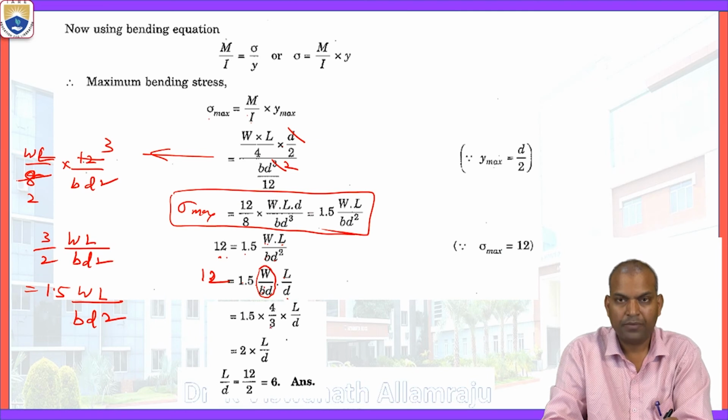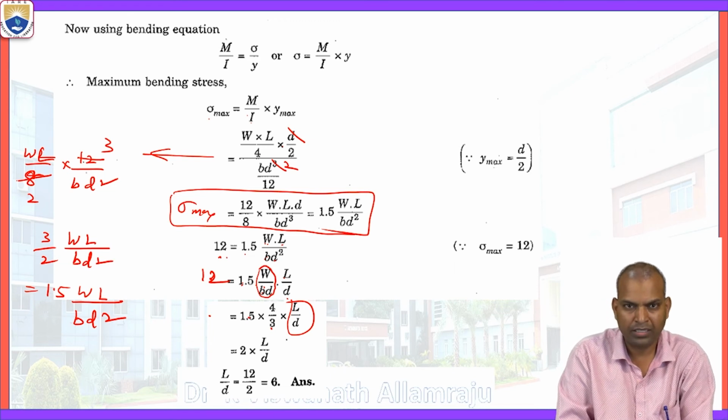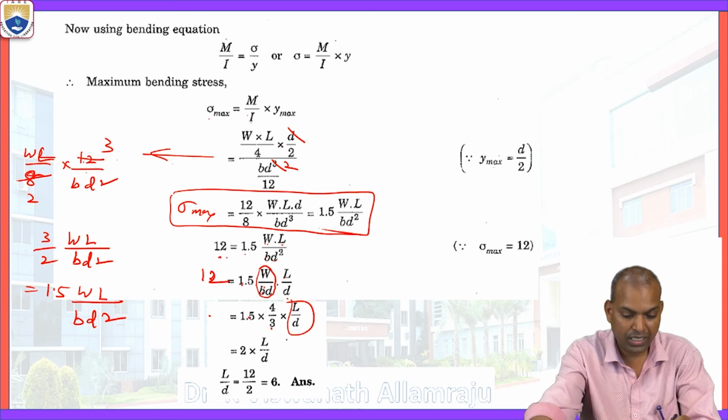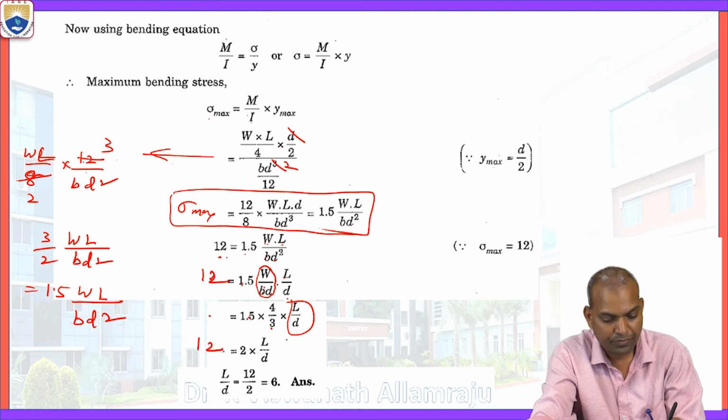So 12 equals 1.5 times 4 by 3 times L by D. What is unknown here? L by D. What is the L by D ratio? Length span to the depth. Thus we can calculate after simplifying: 12 equal to 2 times L by D. Then L by D equal to 12 by 2. L by D equal to 6.